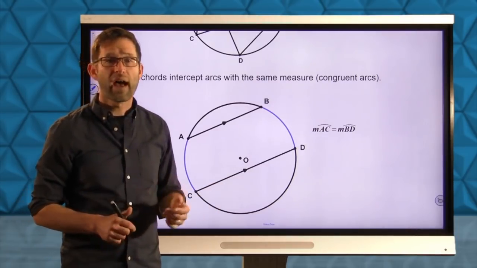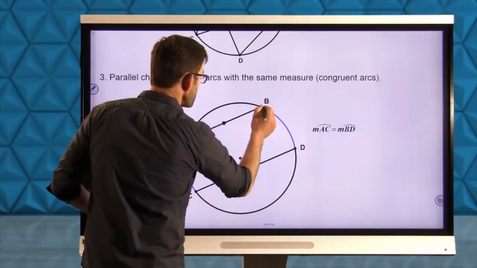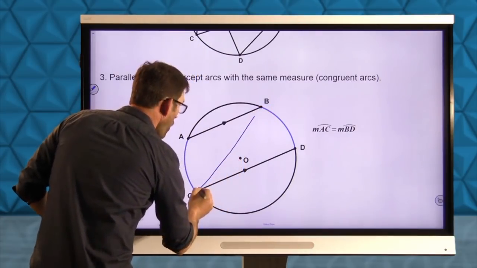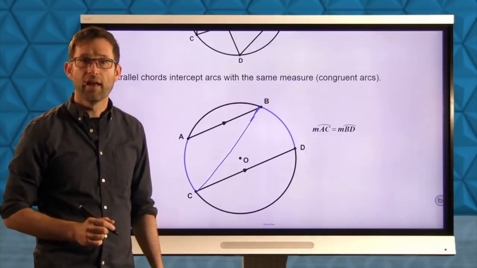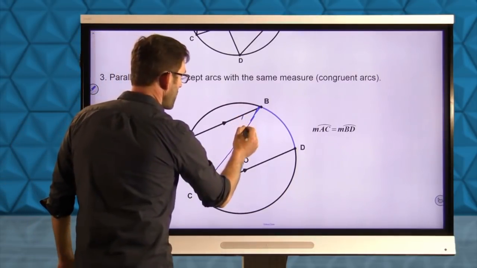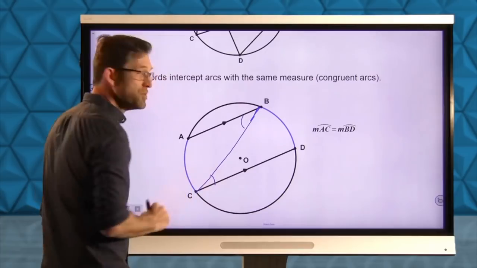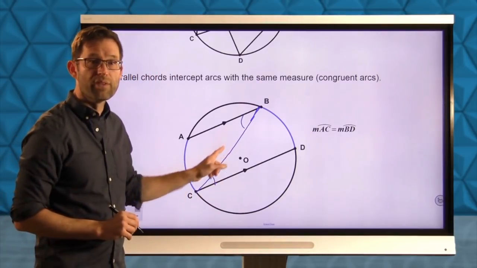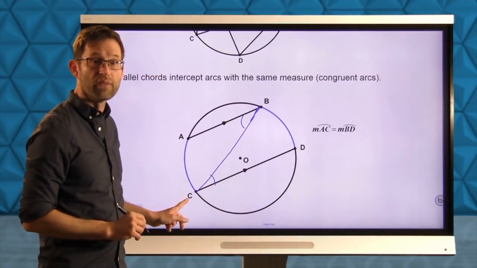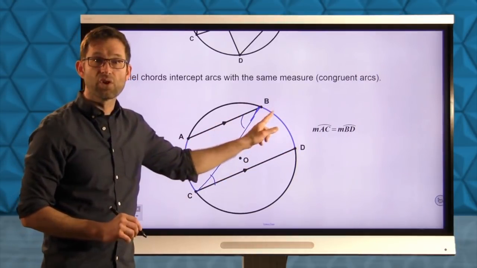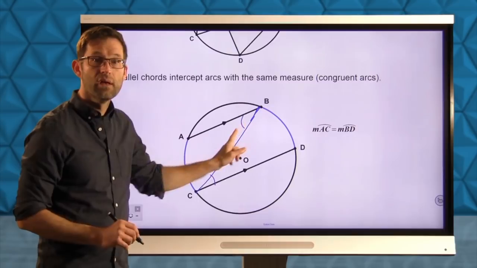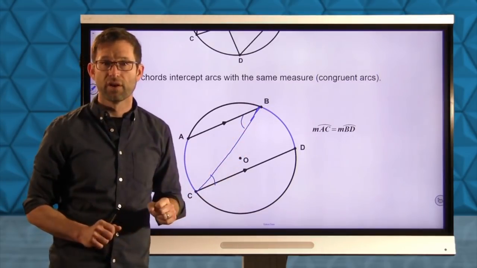In fact, we proved this in the last lesson's homework by basically throwing in a chord and then saying, well, because they're parallel, those two angles must be equal. And if these two angles must be equal, given that they're both inscribed angles, then these arcs must be equal because these arcs would have to be twice the measure of those two alternate interior angles.